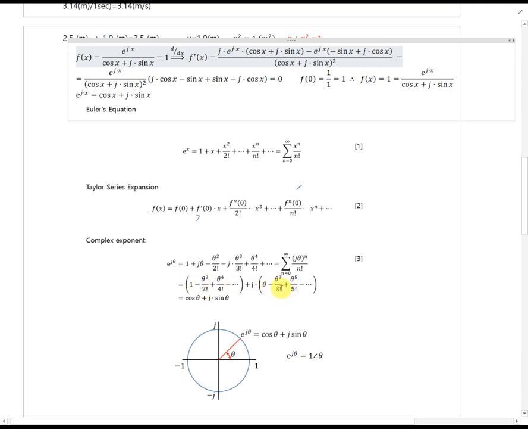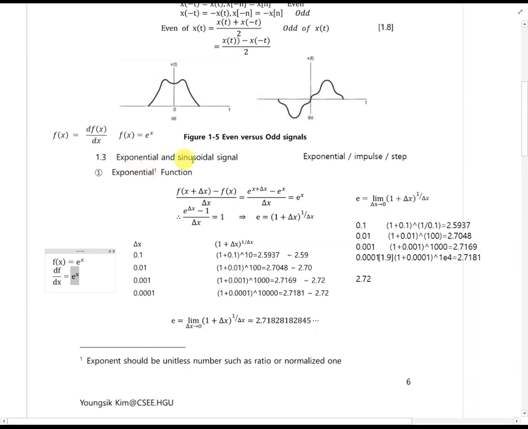This one is the definition of cosine x, and this one is sine x, the real and imaginary parts. So from the Euler equation, the complex exponent is interpreted as cosine and sine. I talked about how the exponential and sinusoidal signals are the same thing. If we take the complex exponent, that becomes the sinusoidal signals.